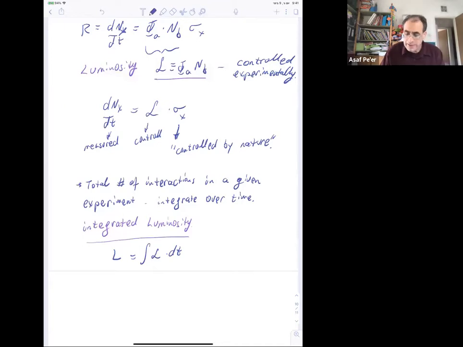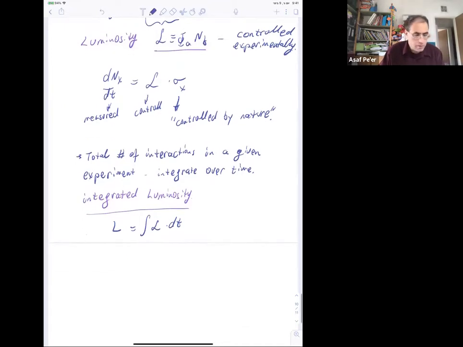And then one last comment is that we said that the relevant unit for cross-section is the barn, 10 to the minus 24 centimeters squared.